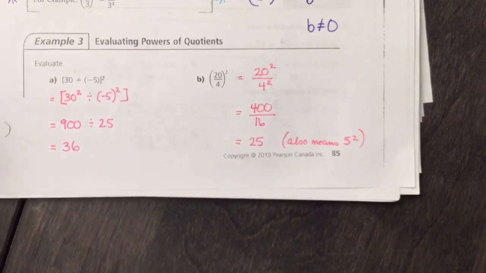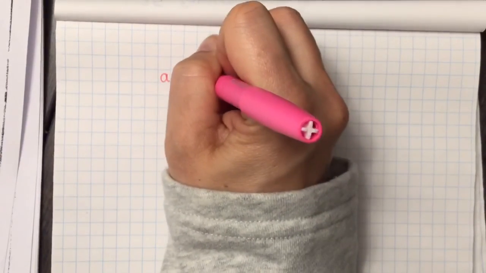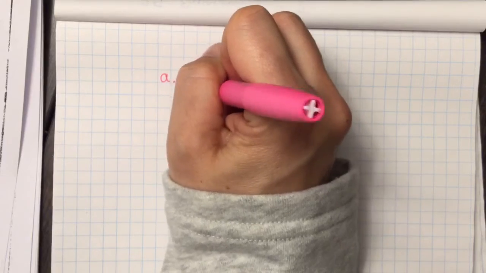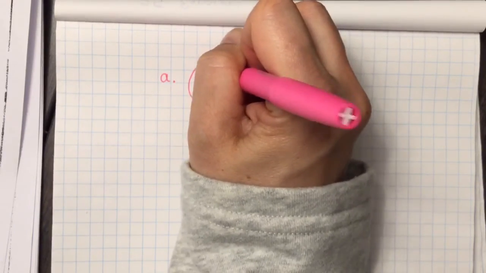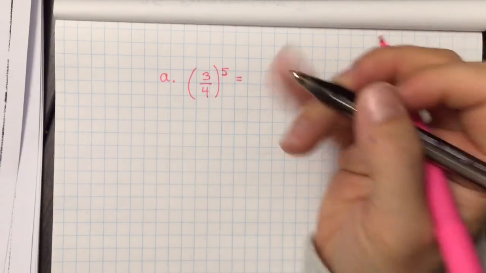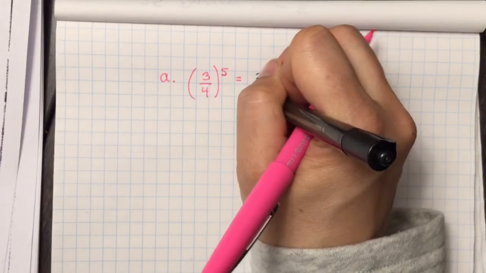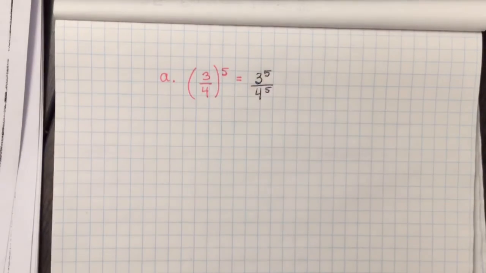So take a look at the next page and let's try one check before you head off and try to practice by yourself. So A, 3/4 to the 5th, what do you get? Awesome, exactly.